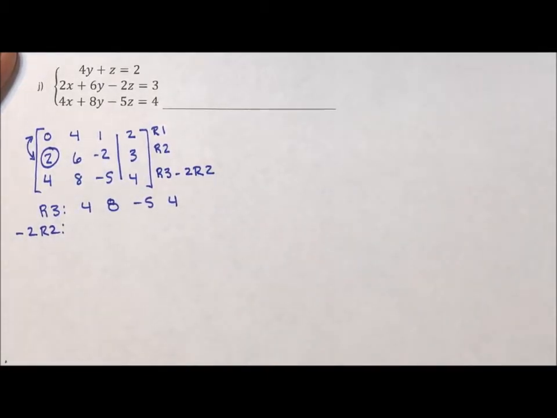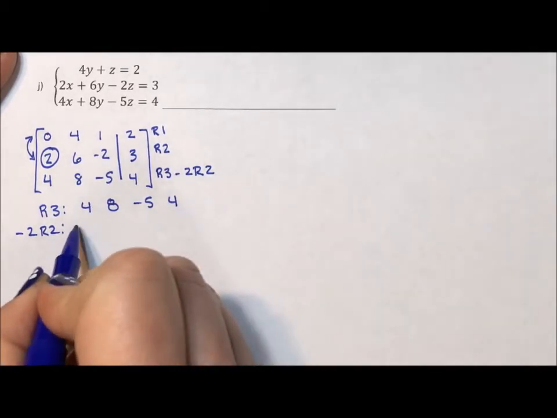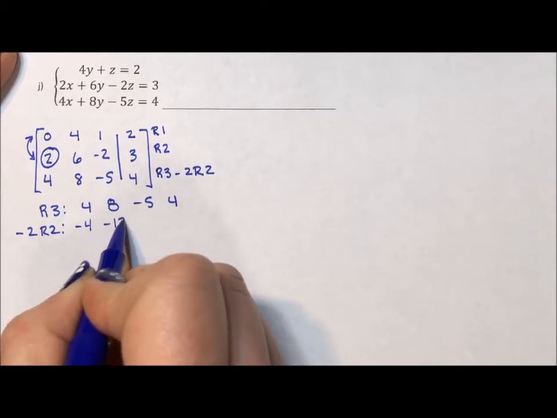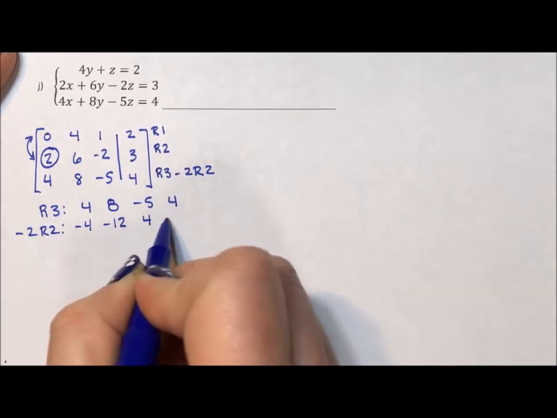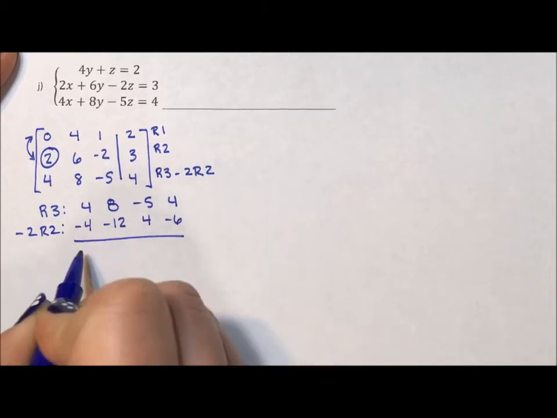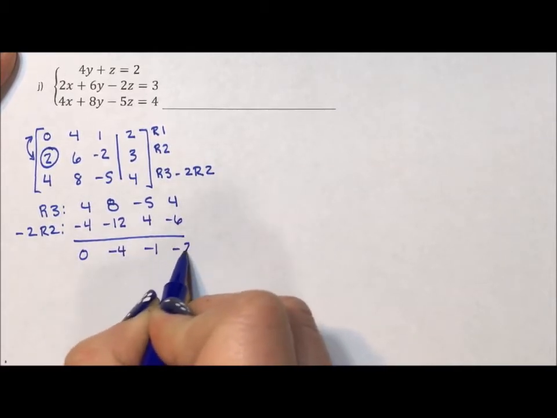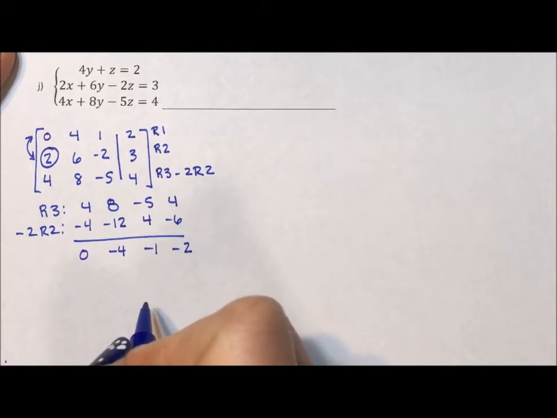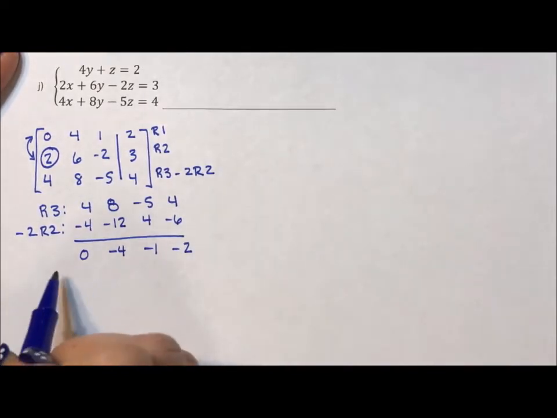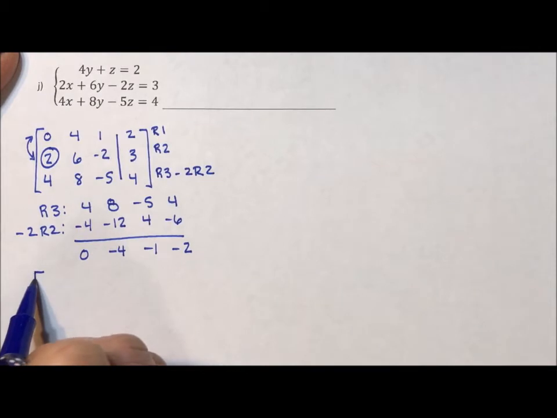I want to make sure that I'm adding down. It helps with the success of all of our basics. Negative 2 times row 2 is a negative 4, a negative 12, a positive 4, and a negative 6. When I add down, I get a 0, negative 4, negative 1, negative 2. All right, so then I'm going to put these all back into a matrix.